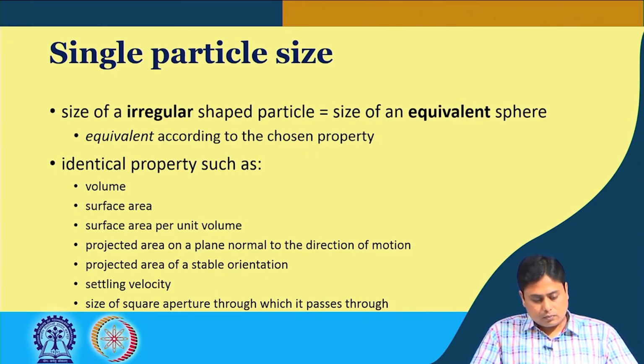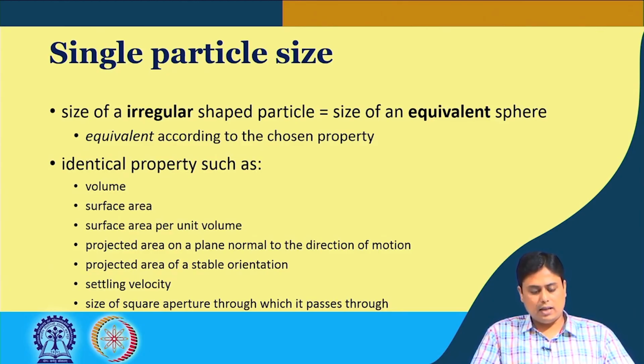Similarly, settling velocity. As I said in my introductory lecture of this class, basic fluid mechanics knowledge is essential to understand this course. You may have heard about Stokes' law. We will again refresh your memory at a later stage of this course.